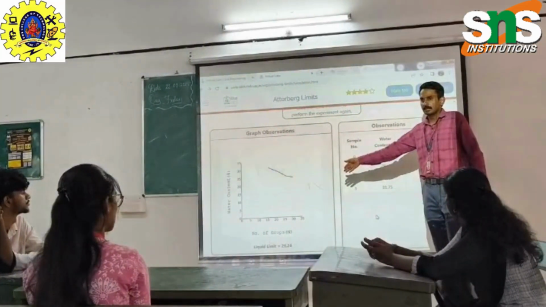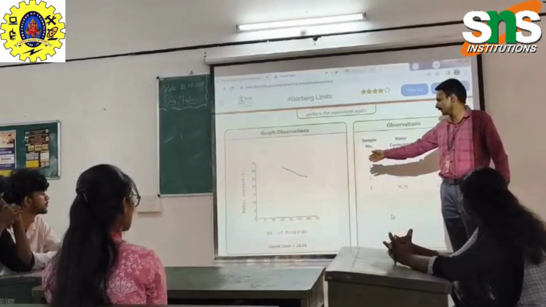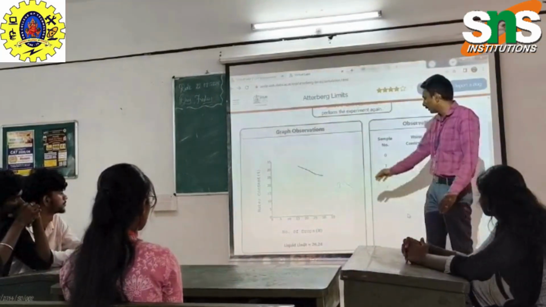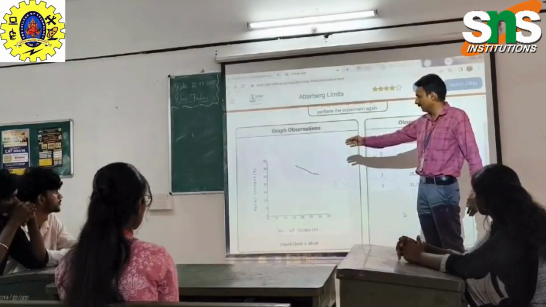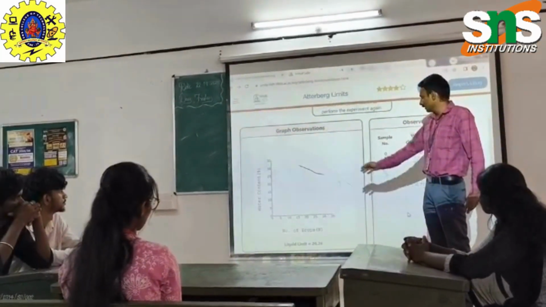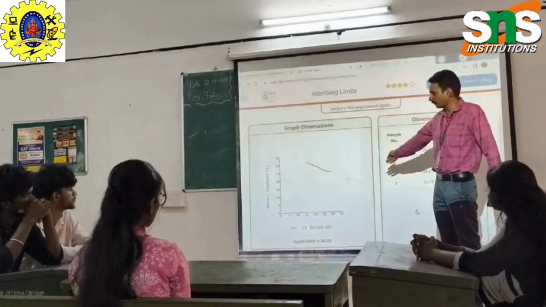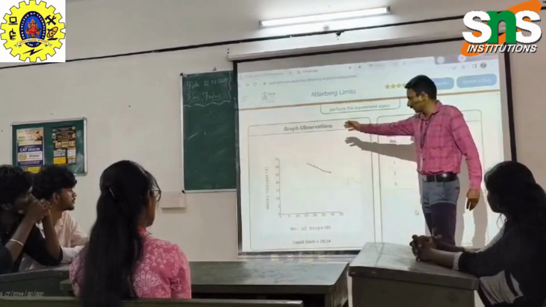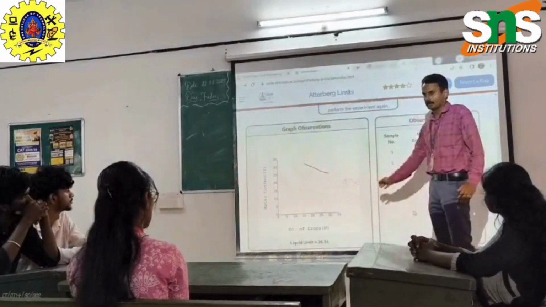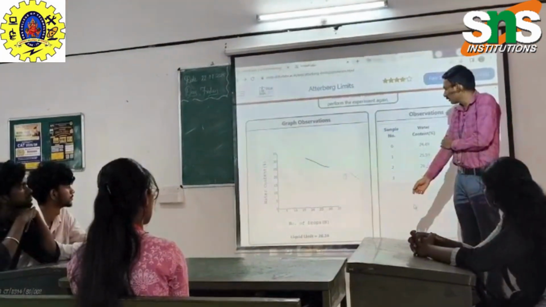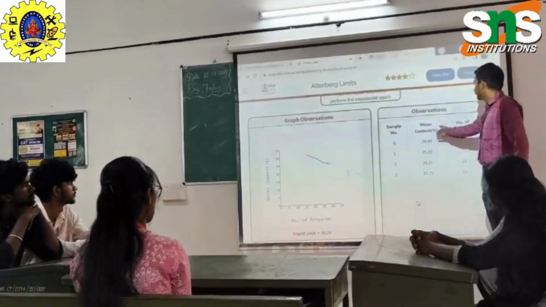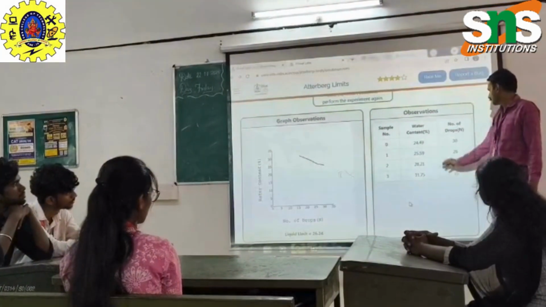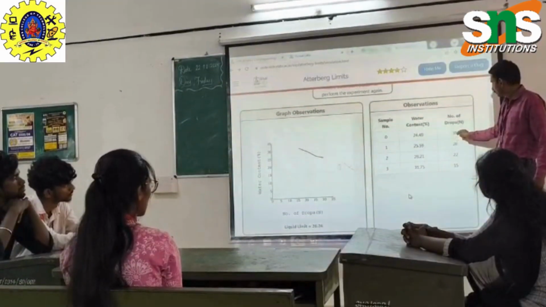In this trial, based on the simulation result, what we infer is we have taken water content in steps of 5%. The corresponding number of blows required to join the groove is plotted along the x-axis, and water content along the y-axis. The readings observed are: for a water content of 24.49%, the number of blows required was 30.